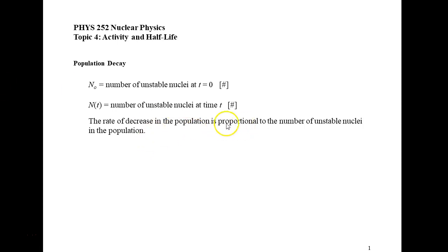Since it's a straight proportionality, we can write that as dN/dt is proportional to minus N, N being the population at time t. I need that minus sign because the population is decreasing, so mathematically that rate, dN/dt, is going to be negative. How do I make that an equation?